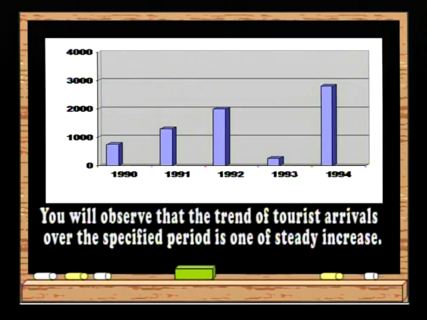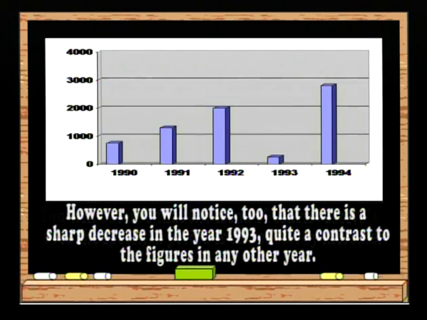Students, you will observe that the trend of tourist arrivals over the specified period is one of steady increase. However, you will notice too that there is a sharp decrease in the year 1993, quite a contrast to the figures in any other year.